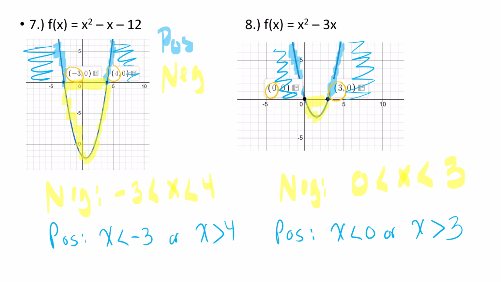Now, just because I did not flip any of these over, okay? If you had one flipped over, it would work the exact same way, except this would be your positive and these would be your two negatives. So your negatives would have two different chunks to them and the positive would have one.